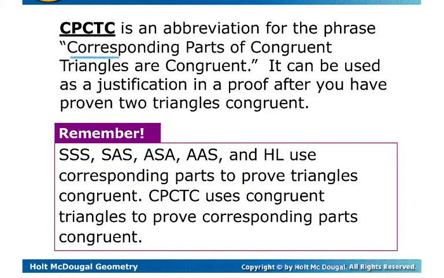It stands for corresponding, so matching, parts. So for instance, the top angle and the top angle of congruent triangles, again, that we've said are congruent. Again, that's because the shortcut misses a few sides and angles.